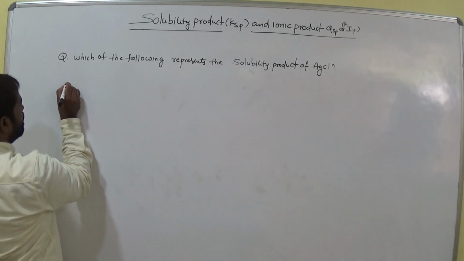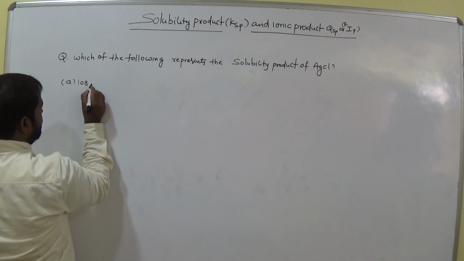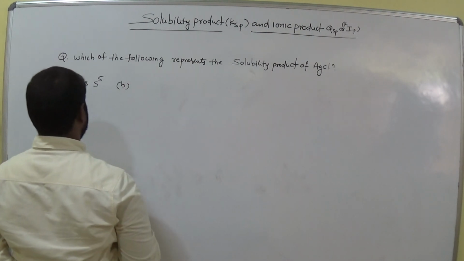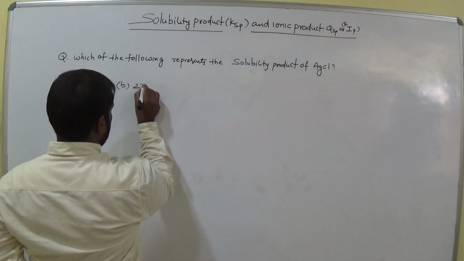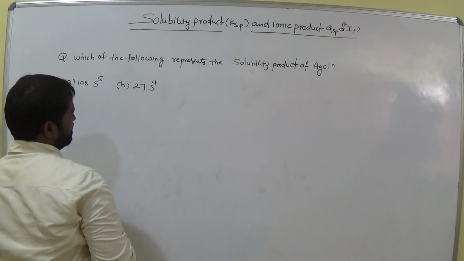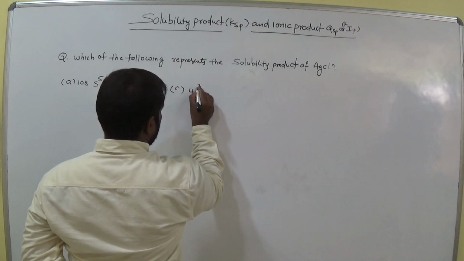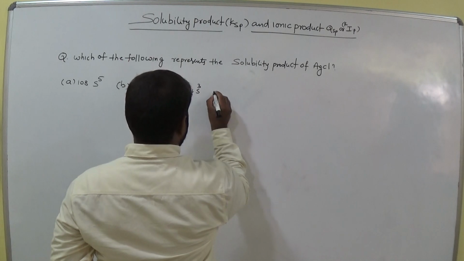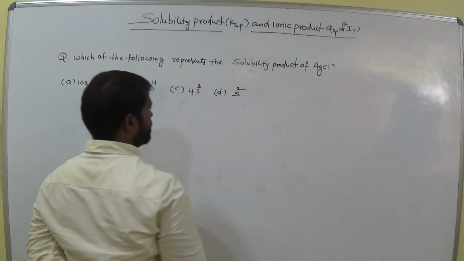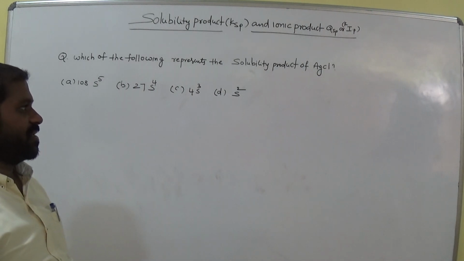Option A, 108 S power 5. Option B, 27 S power 4. Option C, 4S cube. Option D, S square.